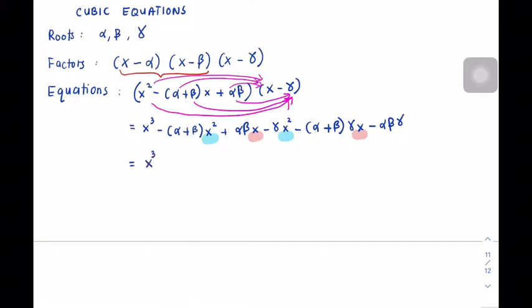So it will be x cubed, minus (alpha plus beta plus gamma) x squared, because the minus here becomes minus outside, and then for the x terms it will become plus (alpha beta plus alpha gamma plus beta gamma) x. Oh, it's a plus actually. Then minus alpha beta gamma.